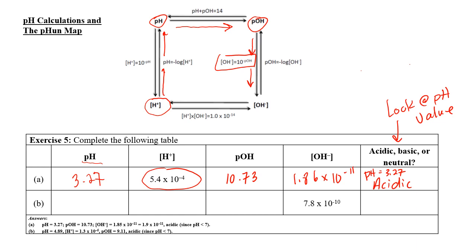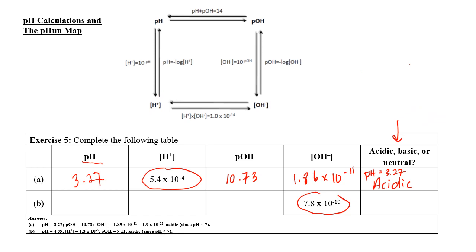Okay, for row B, we're given the hydroxide ion concentration, and we have to fill in the rest of the boxes. So we're starting with hydroxide. Now we could do one of two things.